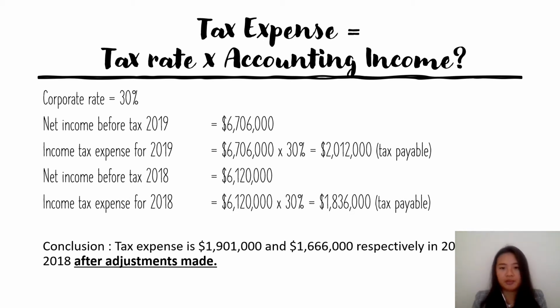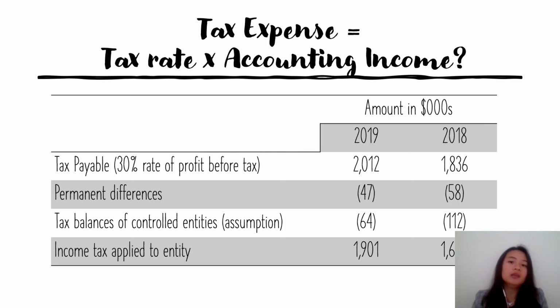Those two numbers are basically the tax payable figures. However, the tax expense reported, as we see in the slide before, is $1.901 million and $1.666 million due to a few adjustments, which will be shown in the next slide.